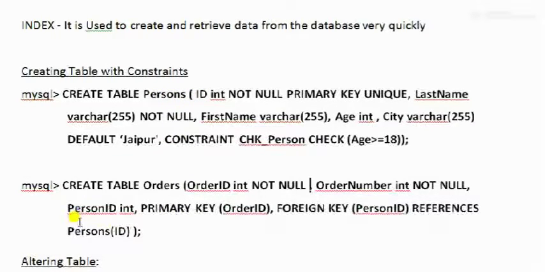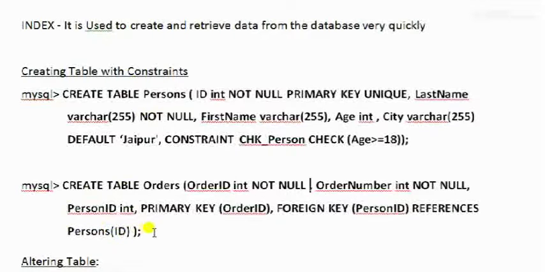Make it clear: person ID is a field of int type which is made as a foreign key, references persons, that is this table's ID.